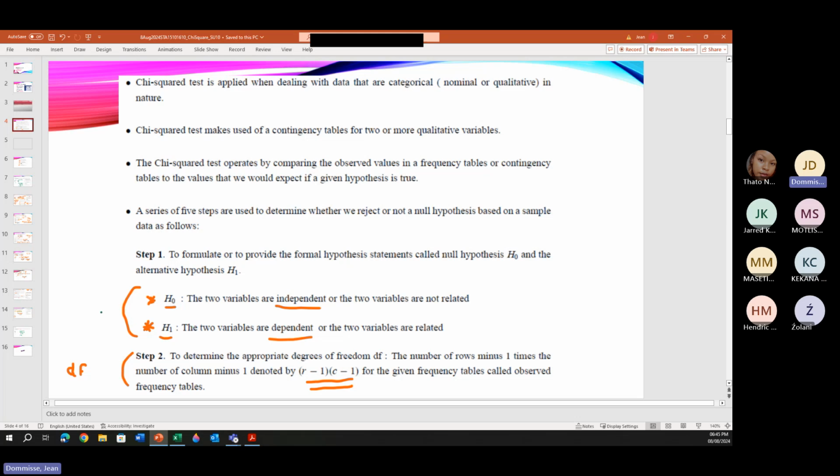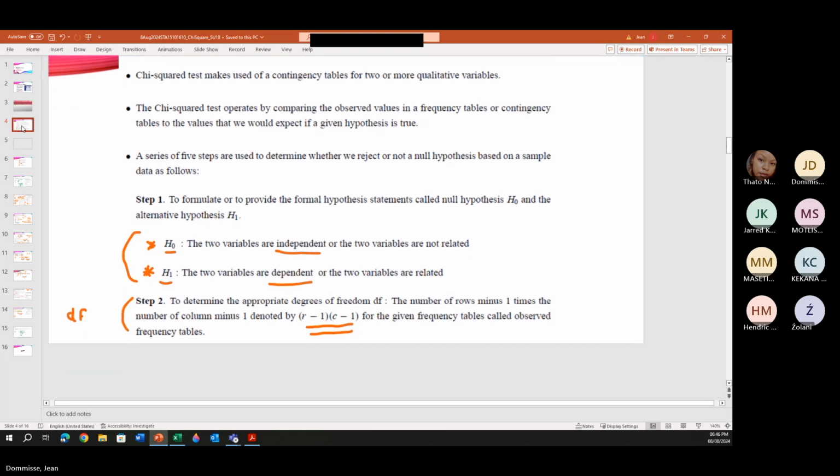The first step is to identify your null and alternative hypothesis. That's exactly the same as we did in study unit 9. Remember, if it was a t distribution, we went to the t table, so we needed to have the degrees of freedom. So the same in this one, we need to look for the degrees of freedom.